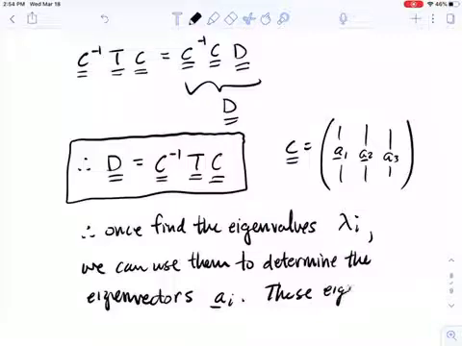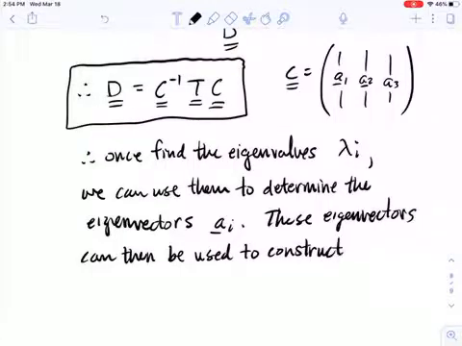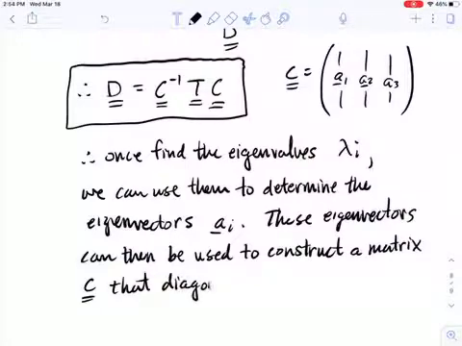These eigenvectors can then be used to construct a matrix C that diagonalizes T. Okay, good.